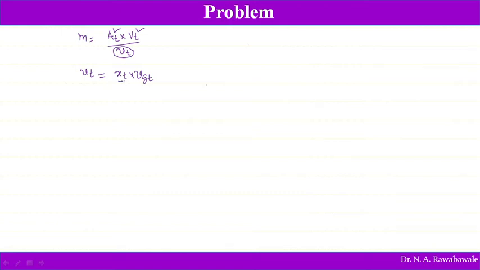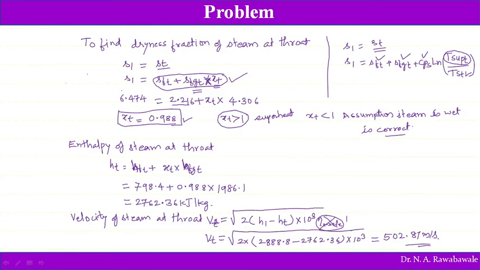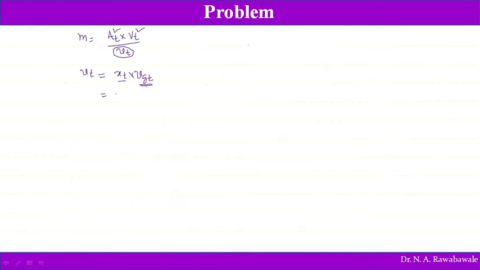Here xt is the dryness fraction and Vg is the specific volume of dry saturated steam at throat. So dryness fraction at throat, which we have calculated, is 0.988. So this is 0.988 into Vgt, specific volume at throat pressure.